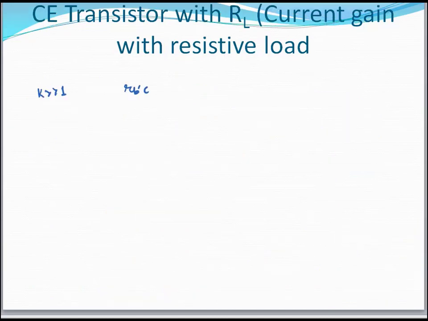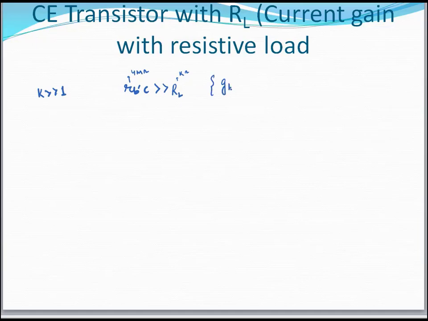So we can write it here: R B dash C is very much greater than RL, because it is in 4 mega ohm and RL is in the kilo ohm range.